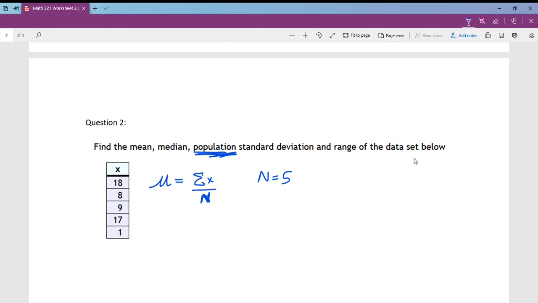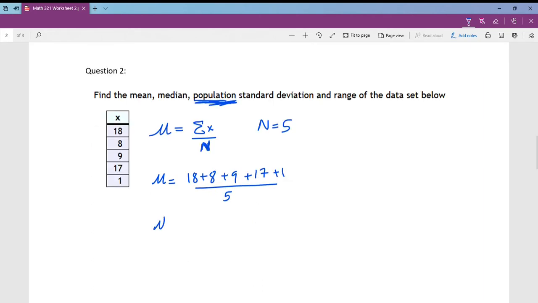And now we'll find the population mean. We'll take 18 plus 8 plus 9 plus 17 plus 1 and divide that by 5. The mean is equal to 53 divided by 5. And now we can simplify our mean. This is 10.6. The average is 10.6 for our population.